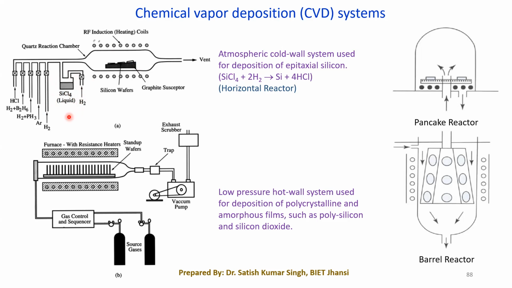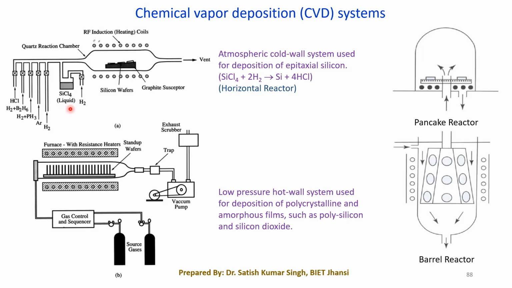Similarly, other gases needed for reaction purposes need to be sent in the form of gases. If they are not available as gases, we can take the liquid source, but along with hydrogen gas or other gases like argon or nitrogen.